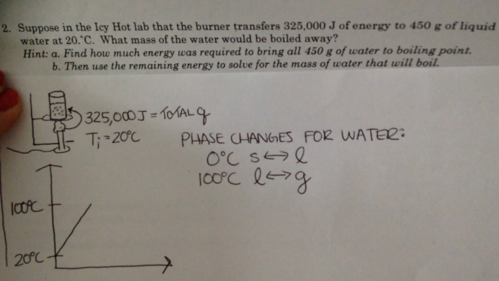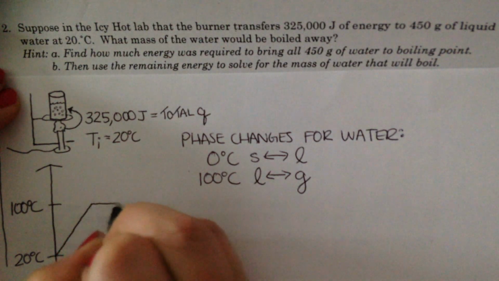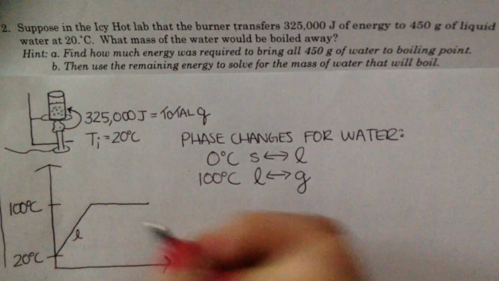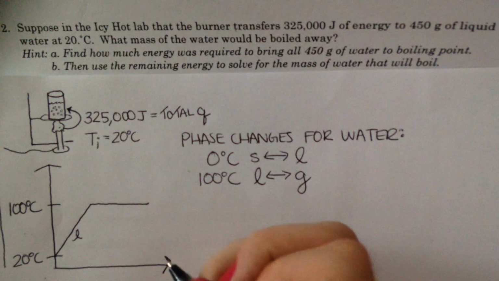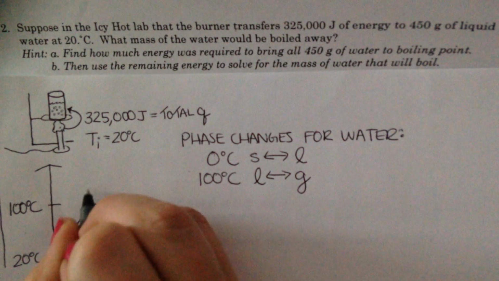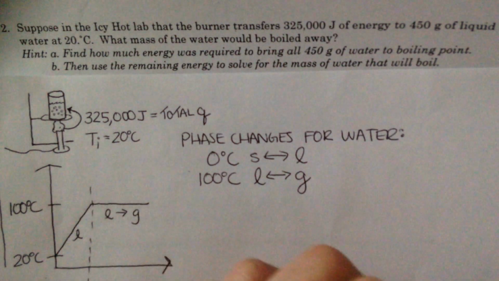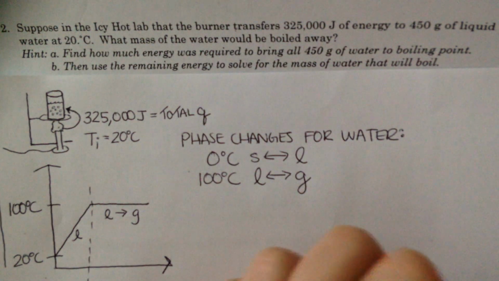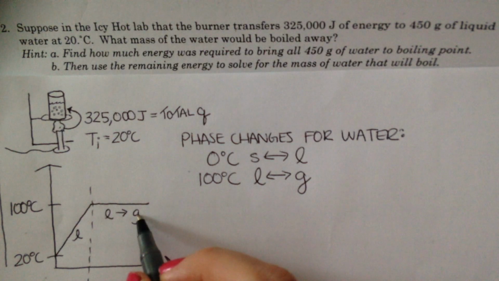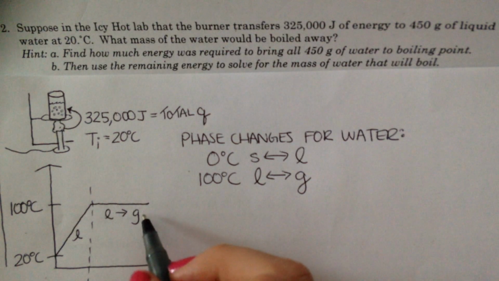Then some of the water will end up boiling, according to the question. So that's going to be a phase change at 100. From 20 to 100, we have liquid water, and then that liquid water is going to boil and become a gas at 100 degrees. So we want to figure out exactly what mass is going to become a gas.